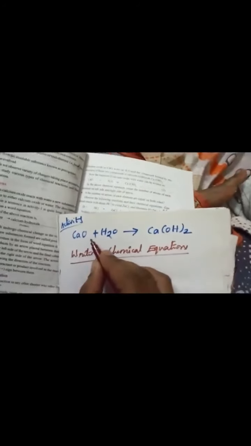A compound is written by giving its chemical formula, which lists the symbols of the constituent elements and uses subscripts to indicate the number of atoms of each element, which we have discussed in the criss-cross method children. So the elements present in the compound we can write with subscripts. Like that we can write the chemical equation: calcium oxide plus water gives rise to calcium hydroxide.